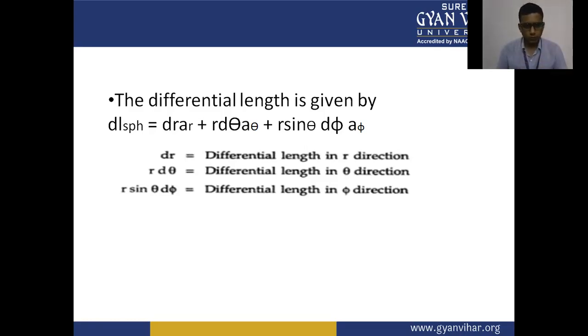So this equation represents the differential length of the spherical coordinate system, where dr is the differential length in the r direction, r d theta is the differential length in the theta direction, and r sine theta d phi is the differential length in the phi direction. So these three components make up the differential length of the spherical coordinate system.